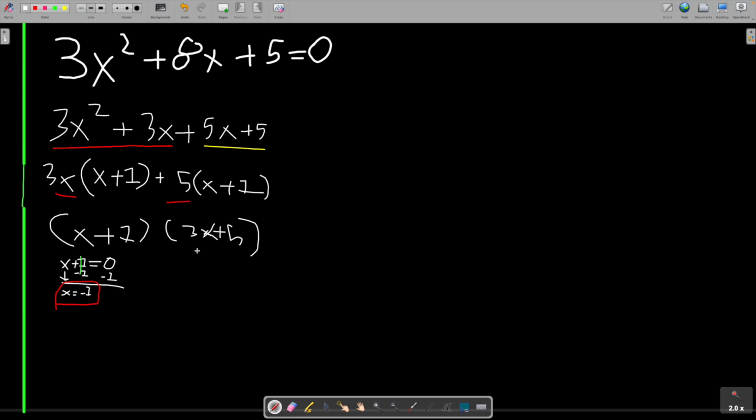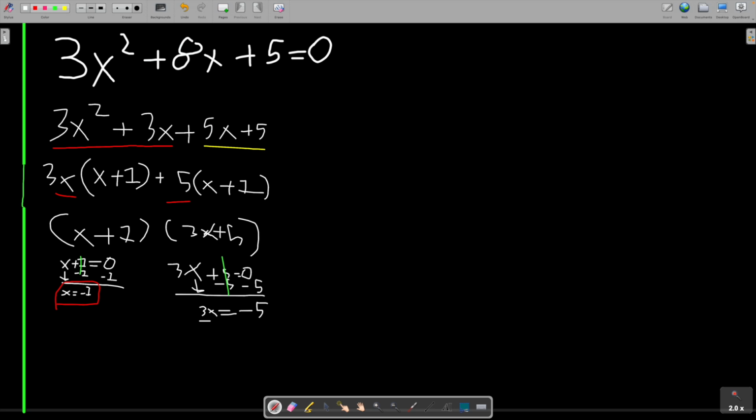And the other one, 3x plus 5 equals 0. First we're going to subtract 5, so minus 5, and these cancel. Bring down the 3x, and we're going to have 3x equals negative 5. 0 minus 5 is negative 5.